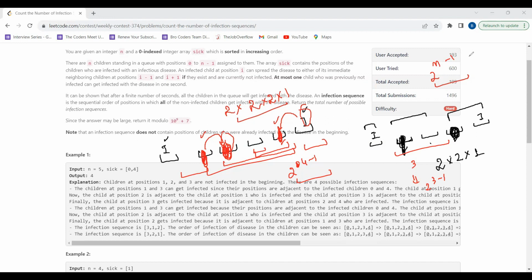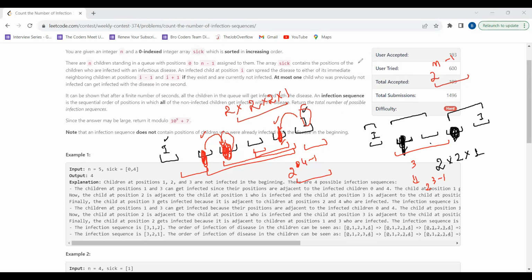We have discussed permutation and combination in great detail in the Astitva phase, so you can refer to those videos.